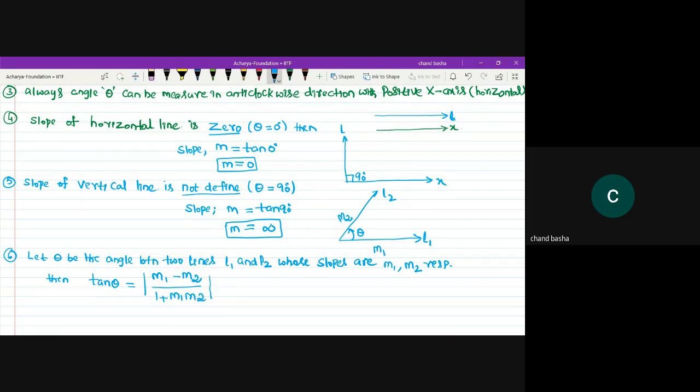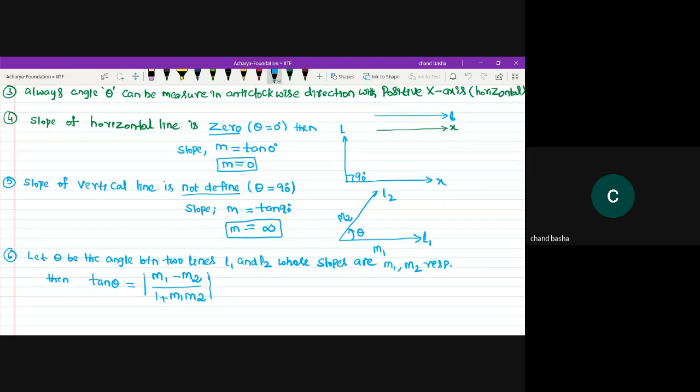This is the formula for finding the angle between any two lines whose slopes are given to you. That M1 and M2 is given to you and it is asking the angle between these two lines. That is theta. If you are representing lines whose slopes are M1 and M2, tan theta is equal to modulus. As I have explained the importance of the modulus, it will give only positive values.